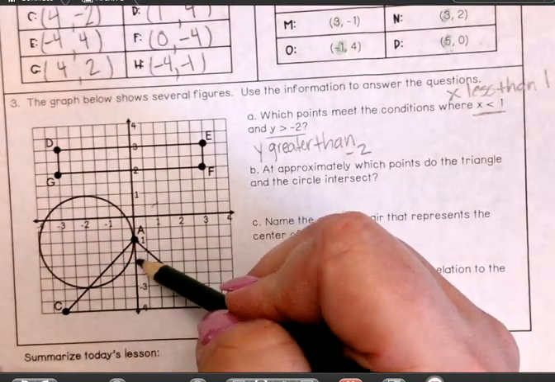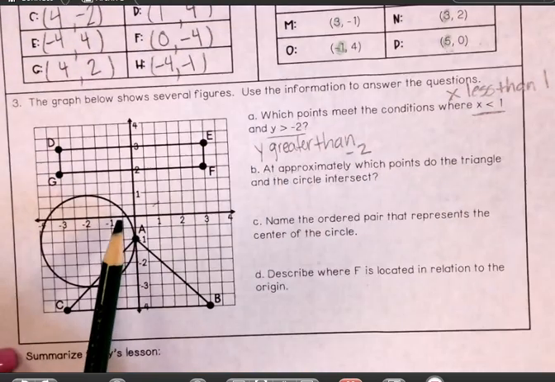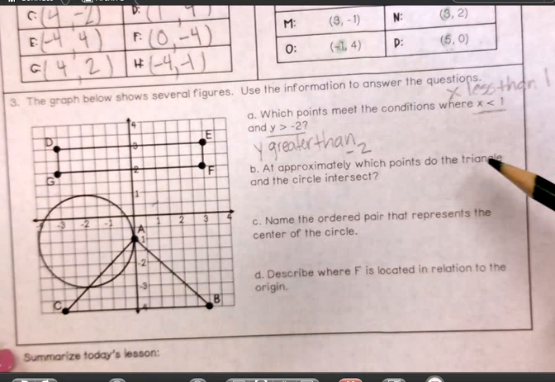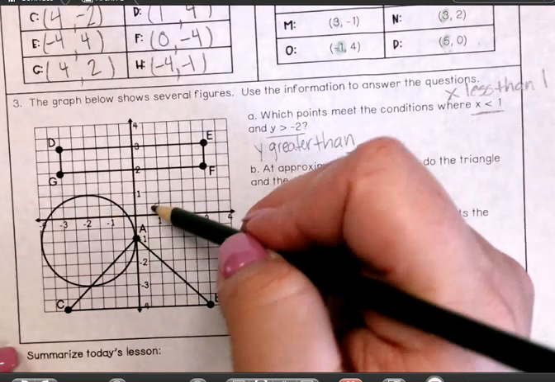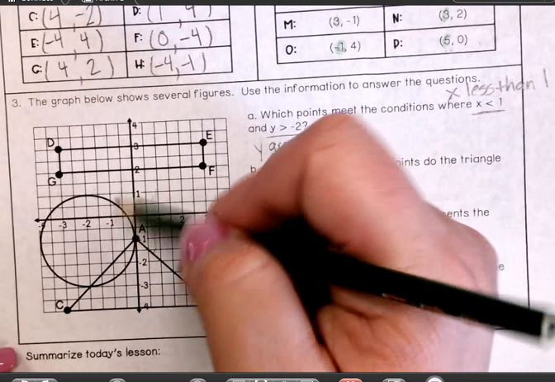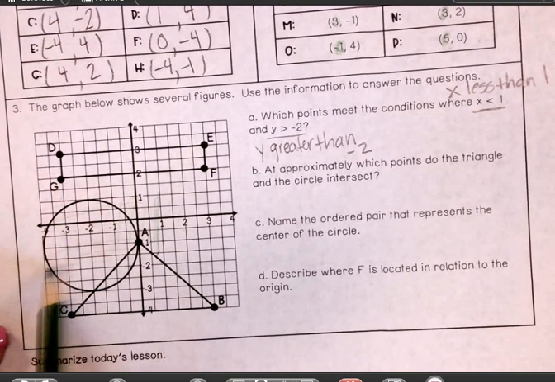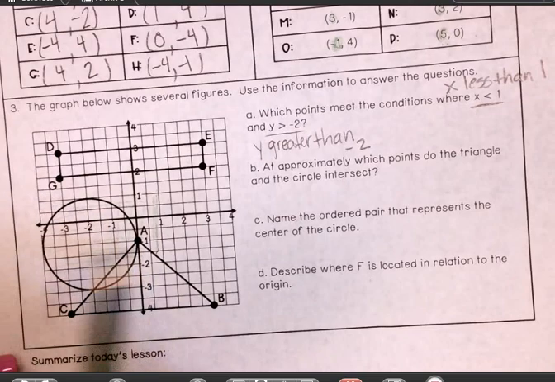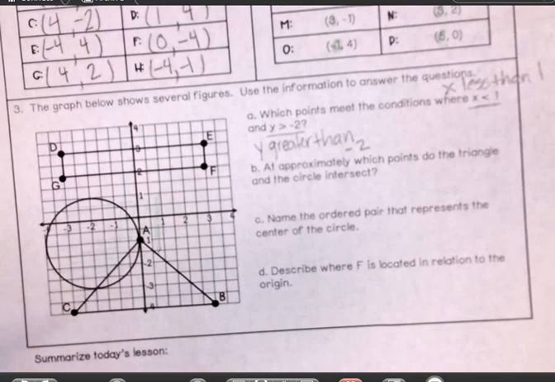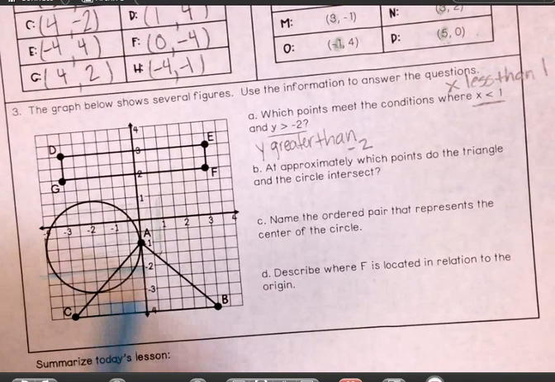So for A, it's going to basically be anything over this way, if it's less than 1. But Y says it has to be greater than negative 2. So here I have negative 2, and it's got to be up here, right?